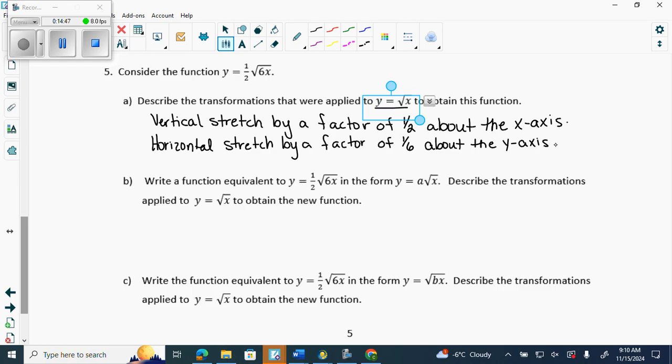Okay, write a function equivalent to 1/2 root 6x in the form a root x. How can I bring that 6 out? What do I do to it? Because they want it all in front. When I put it in, I squared it. How do I take it out? Square root it. Is square root of 6 a nice number? No. So are we going to just leave it square root 6?